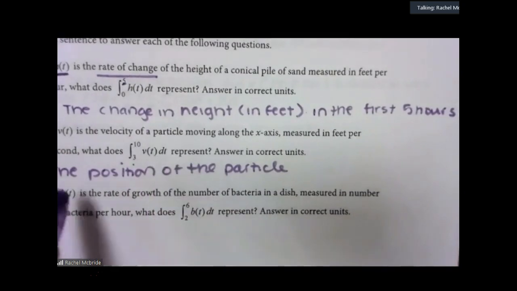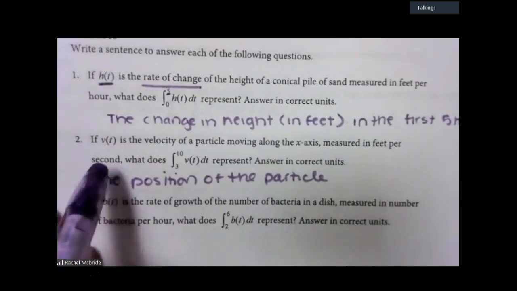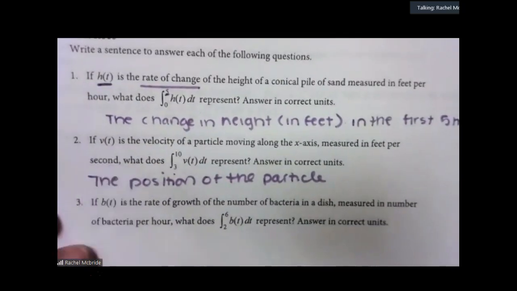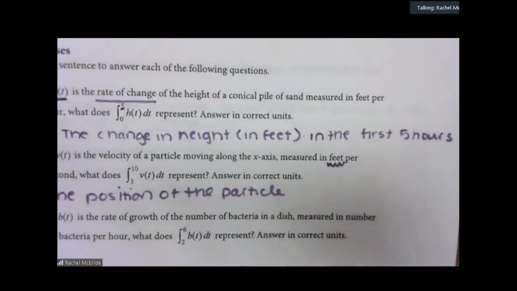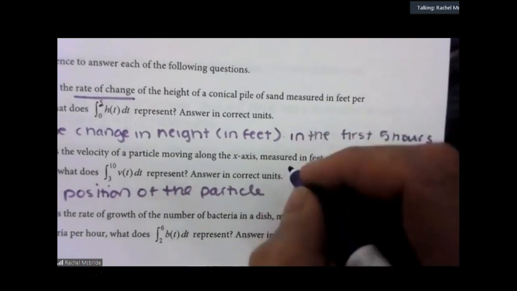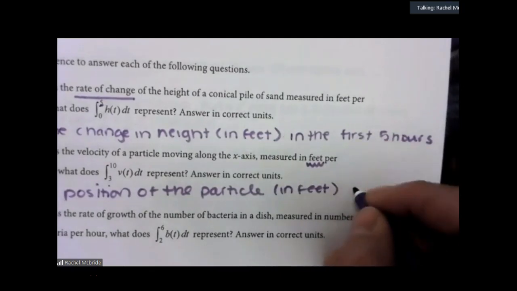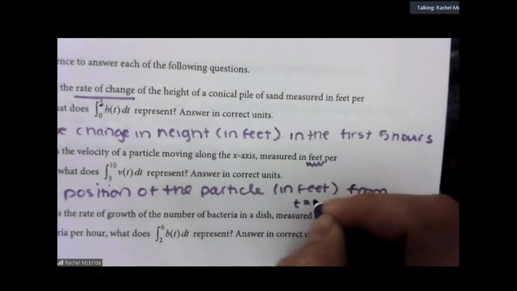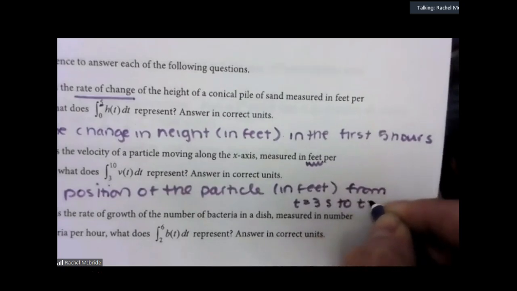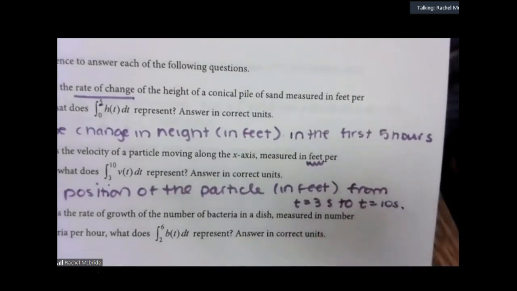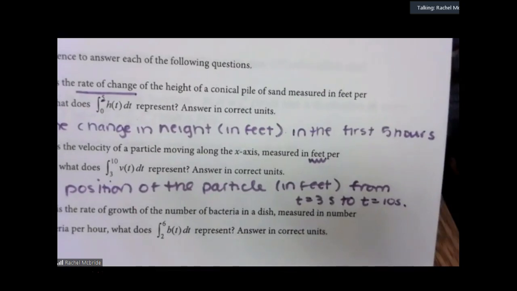And my time is also not in hours, it is in seconds. So it's really a lot of paying attention to your units. It's the position of the particle in feet from t equals 3 to t equals 10. You have to be really particular about when this is occurring. If there were no bounds, then you wouldn't have to care about the time at which it was occurring.